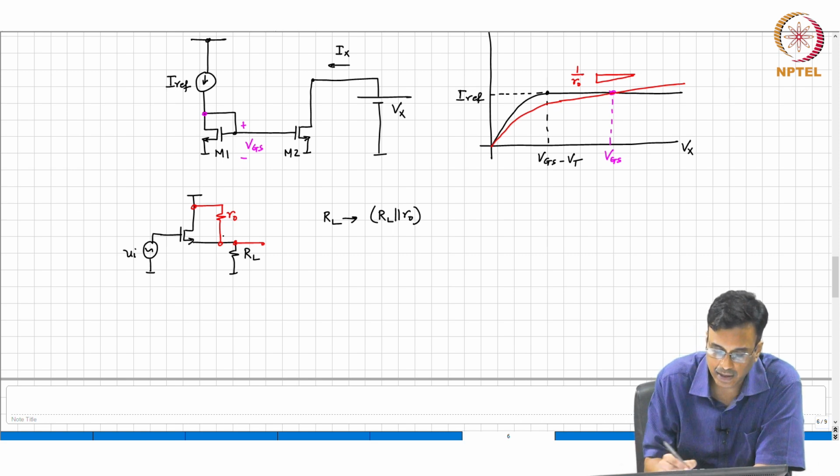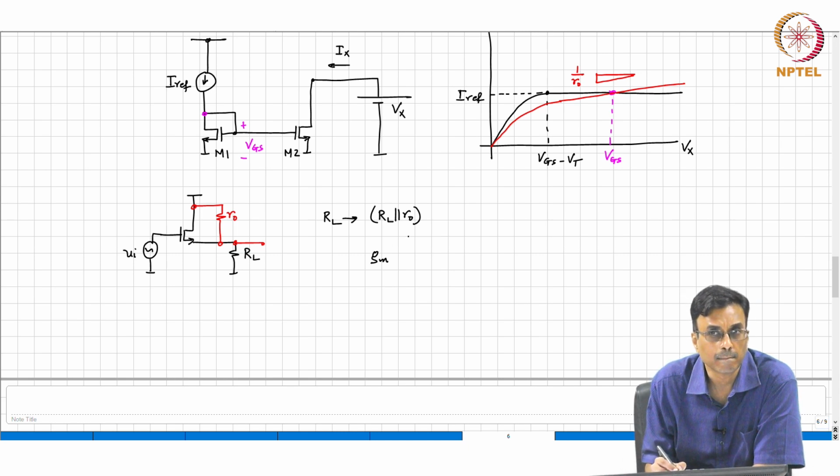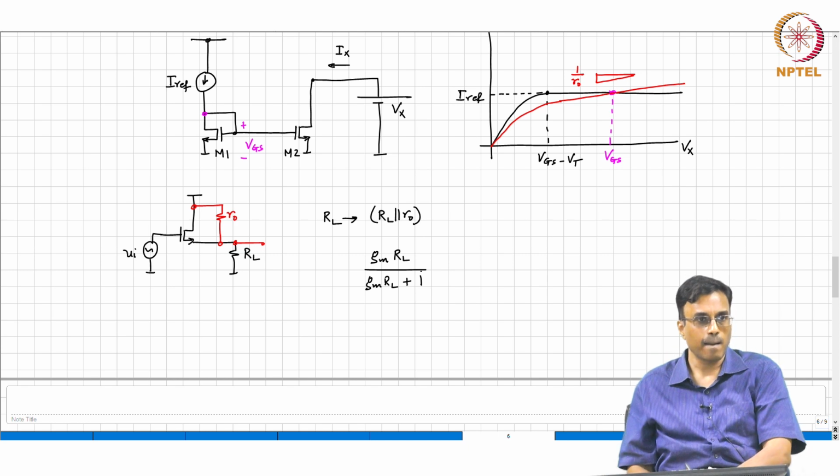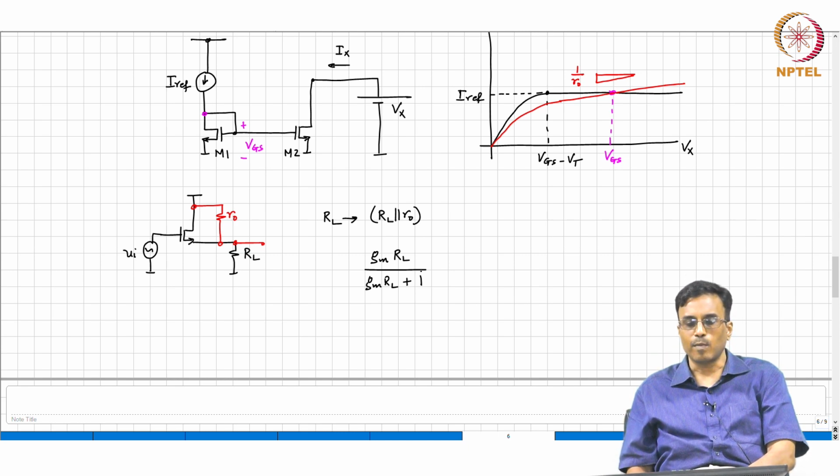Okay. So the incremental gain, remember, was earlier, what was the incremental gain with finite GM? GM RL over GM RL plus 1. So if GM RL is much larger than 1, what comment can you make about GM RL parallel R naught? Remember, GM R naught is a large number.